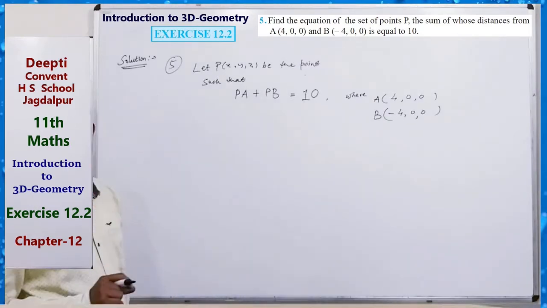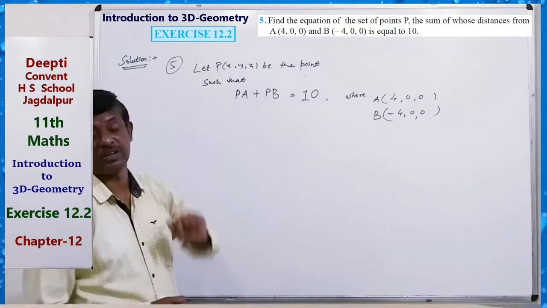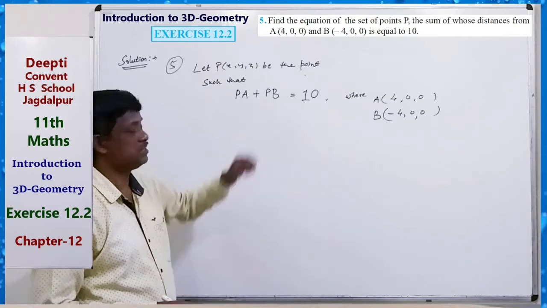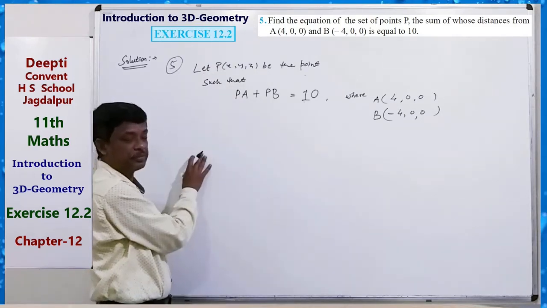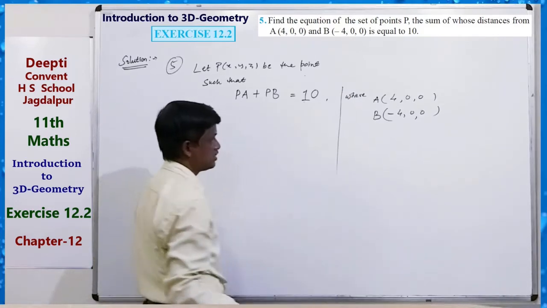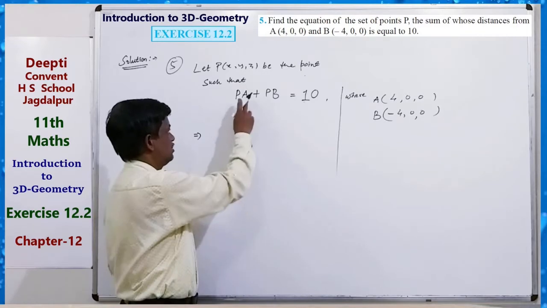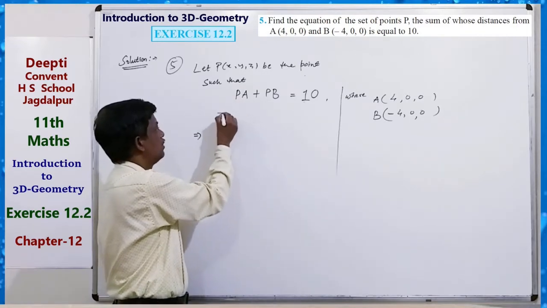We just have to find the equation of the set of points, the arbitrary point P(x, y, z). Just use this relation. Using the distance formula is very simple, but just squaring on both sides we can get this.